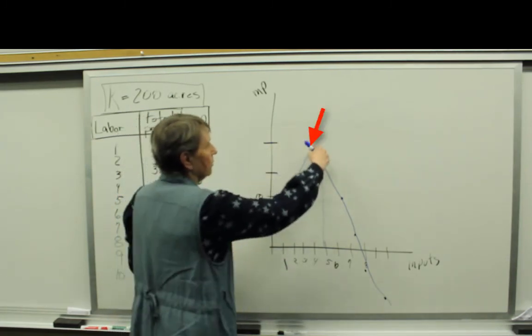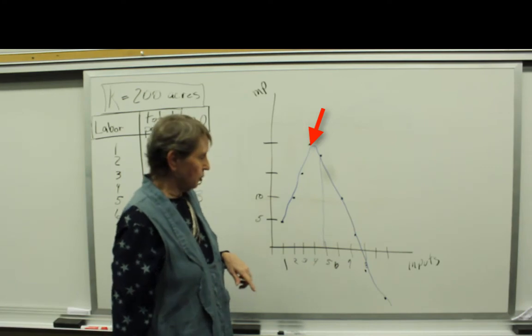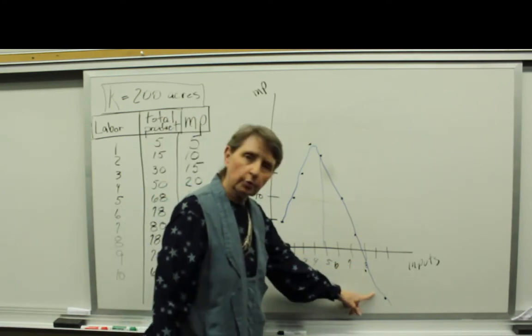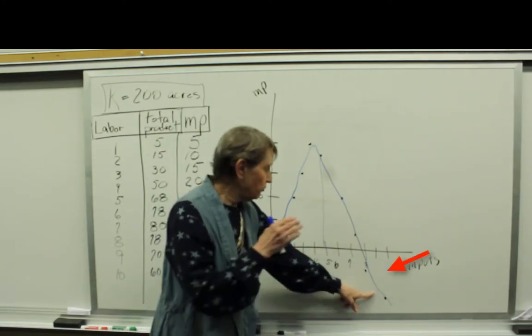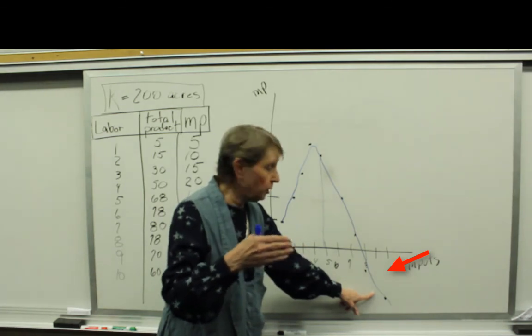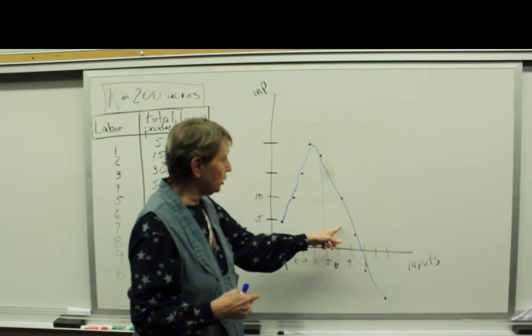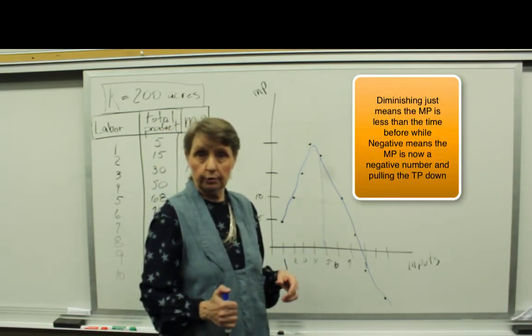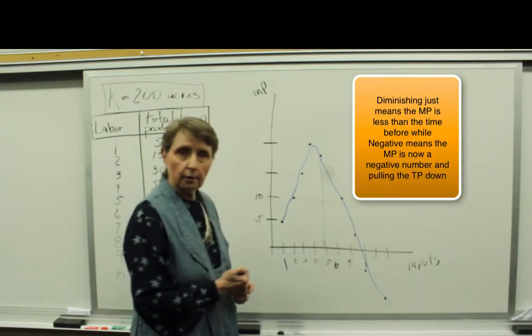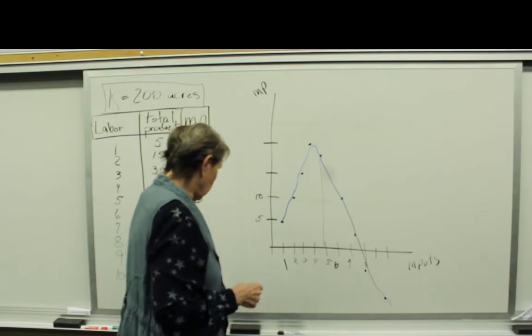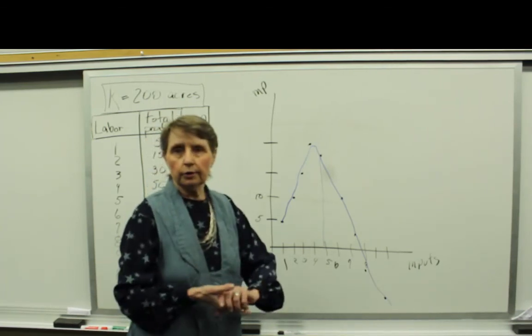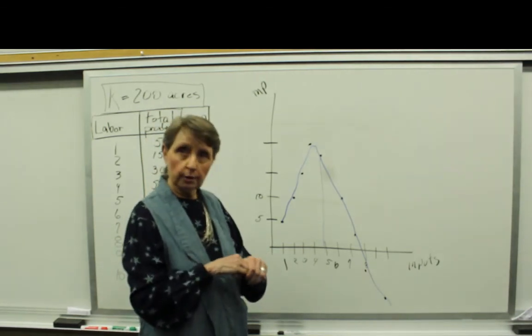Here is where marginal productivity begins to diminish. Here is where marginal productivity becomes negative. It's very important to understand the difference between the word negative and diminishing, because diminishing is still positive contributions to the producer's output. In the next video, we're going to talk about average productivity.